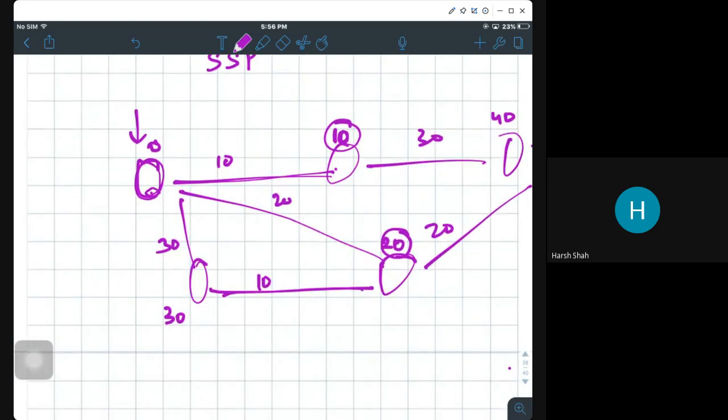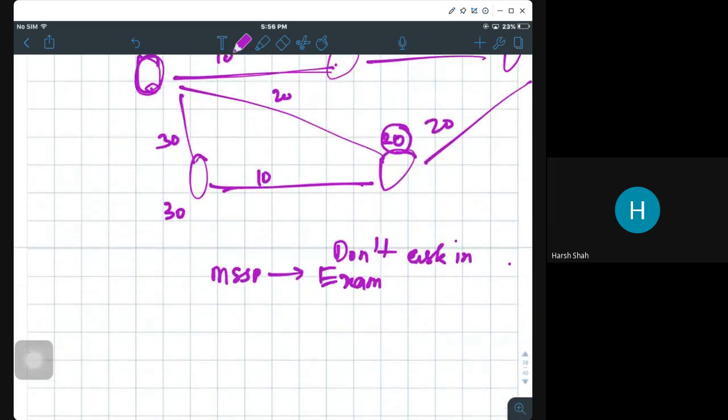Now, if you want multi-source shortest path, they don't ask you in the exam. I have not seen any question come from it, if I'm not wrong.